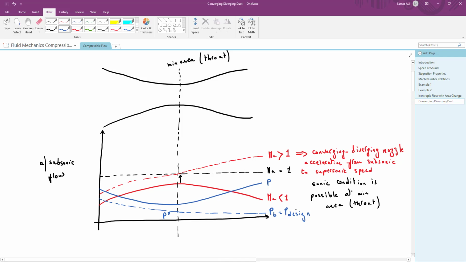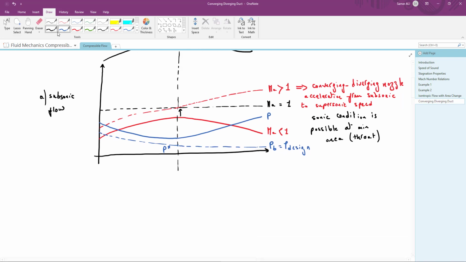And you will see later on, and we will talk about this in more details, that if you change this back pressure, there could be some situation, for example, the flow will reach the sonic condition at the minimum area. However, it will go back to the subsonic condition in the diverging section. So all this depends on this back pressure at the exit of this duct.